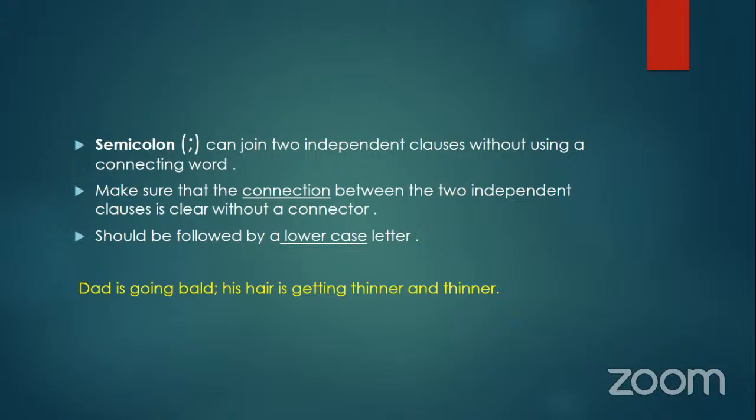But we should make sure that the connection between the two independent clauses is clear without a connector. So here he's going bald. How do we know that? Because his hair is getting thinner and thinner. We can use only the semicolon in between without using any connecting word. And also the word after the semicolon should start with a lowercase letter.